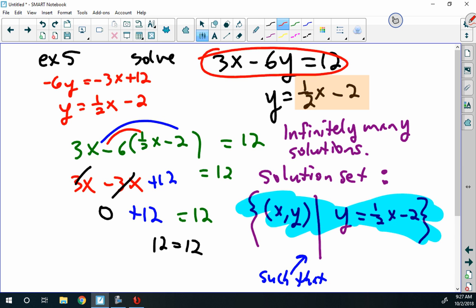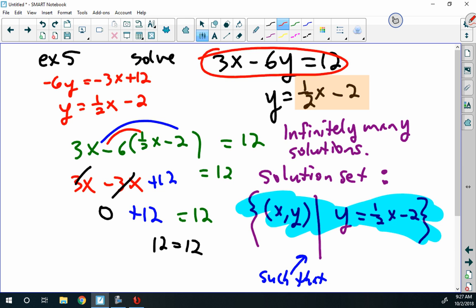Wait a minute. What's the deal with those equations? They're equal. They're the exact same. They're identical. And so if we graphed the lines, it would be two lines that are the same line. So does the answer make sense that the answer is any point on the line?